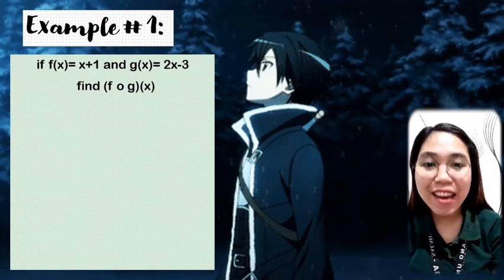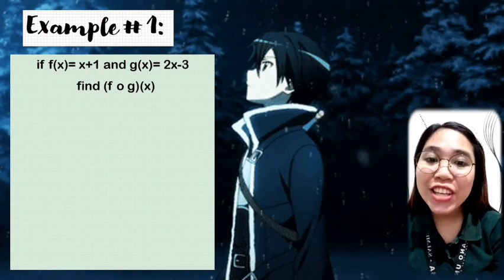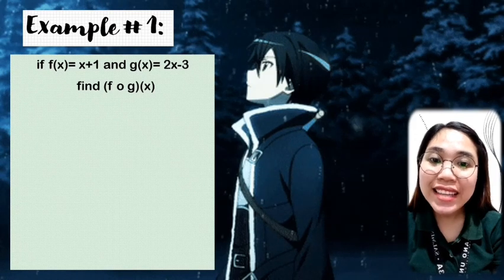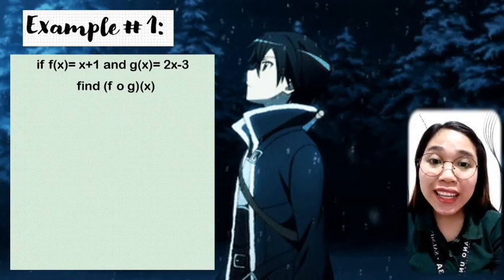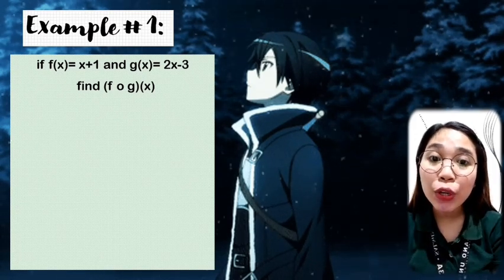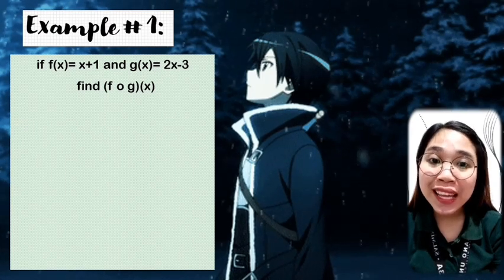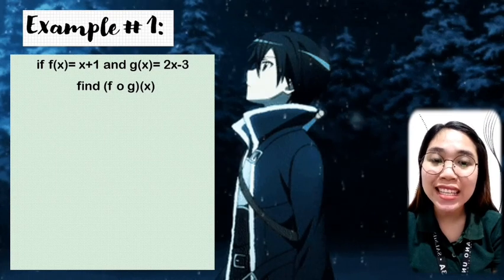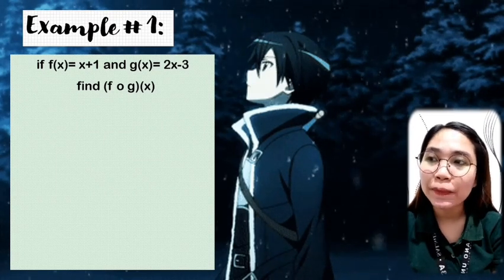Correct. It's f of x. Whichever letter comes first represents the outside function, the function where we replace all its x's. And of course, g of x is the one to be substituted.